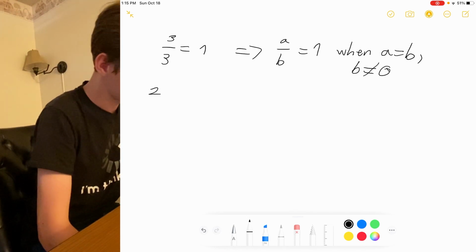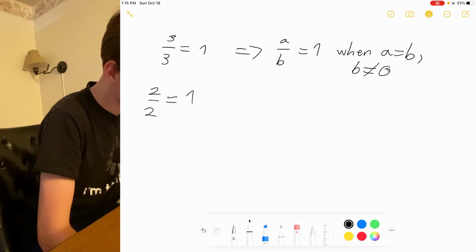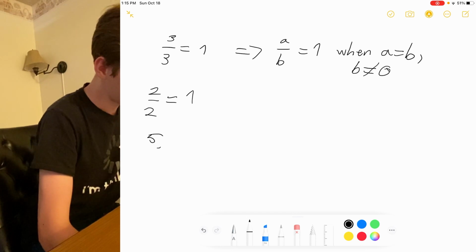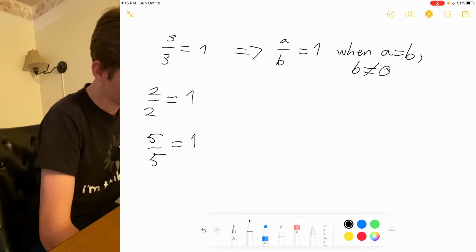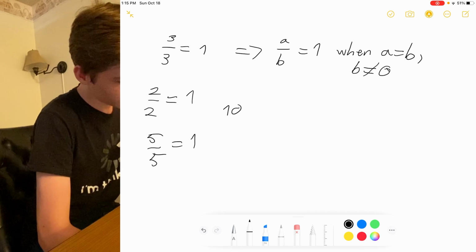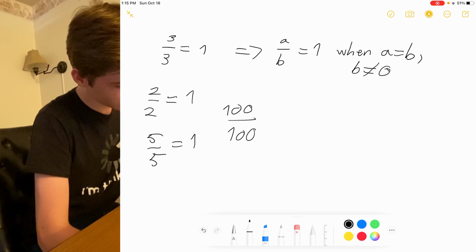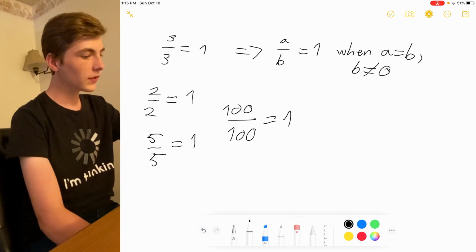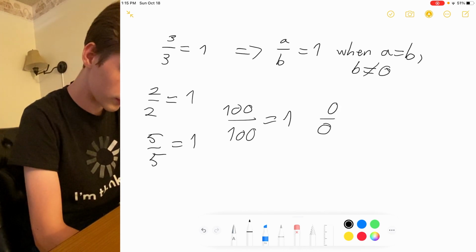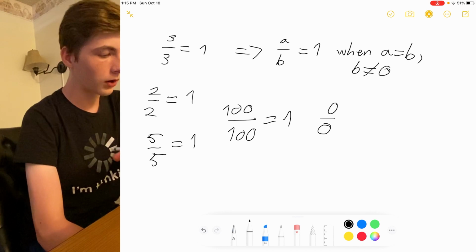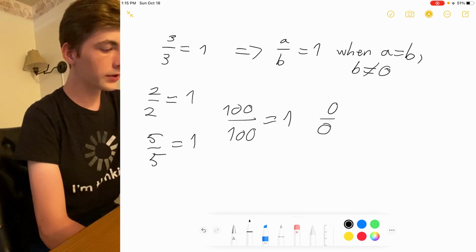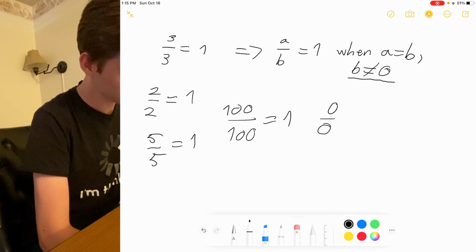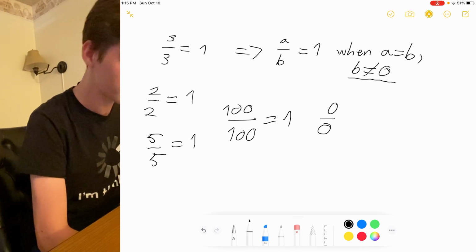Some more examples: 2 over 2 equals 1. 5 over 5 equals 1. 100 over 100, right? All these are going to equal 1. What if I try to do 0 over 0? That's not 1. That is undefined. The reason it is not 1 is because of the requirement that b cannot be equal to 0.